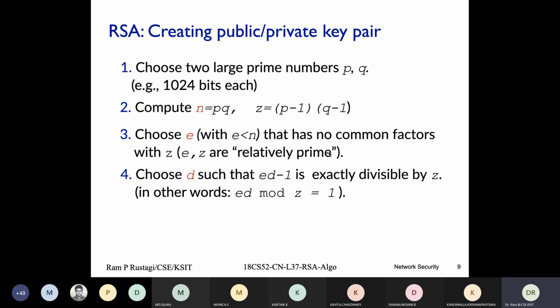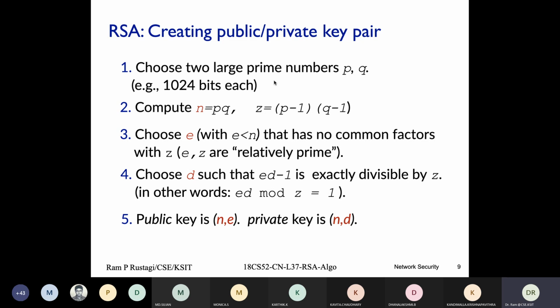Having identified number E, compute a second number D such that E D mod Z is equal to 1. Or we can say E star D minus 1 is divisible by Z. When you find these two numbers E and D, these become your public key and private key.